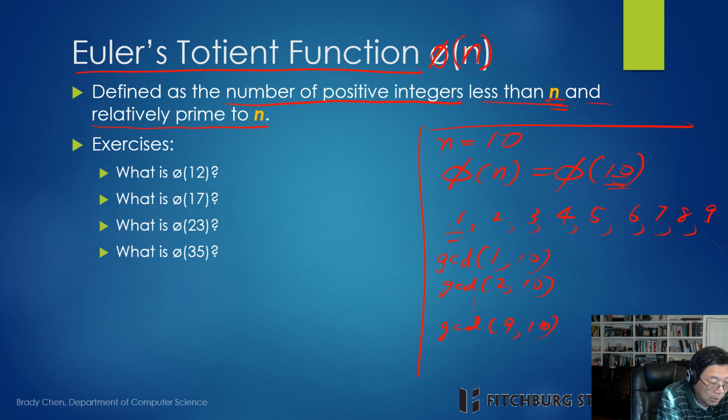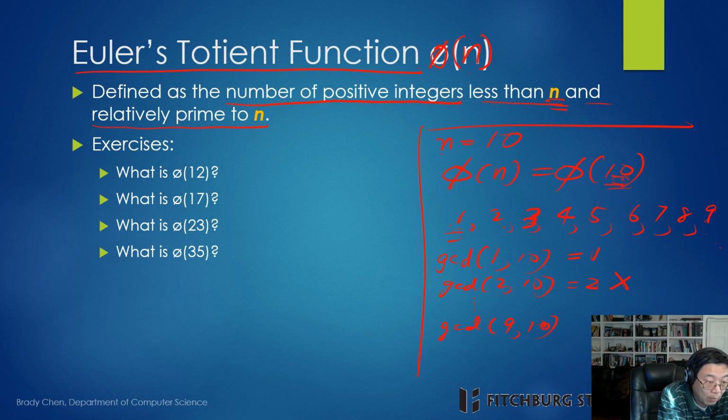Okay, so GCD of 1 and 10 is 1, so that means 1 and 10 are relatively prime. Now what about the GCD of 2 and 10? The greatest common divisor between 2 and 10 is 2. So that means they are not relatively prime, right? Now, what's the greatest common divisor between 3 and 10?